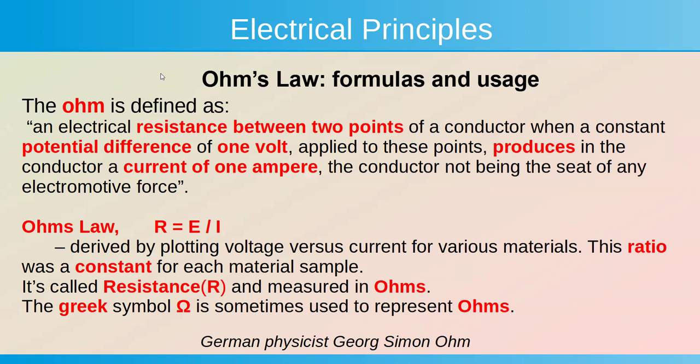For a particular voltage at a given resistance, you're going to get a specific current. And that's going to vary in proportion to that constant resistance.